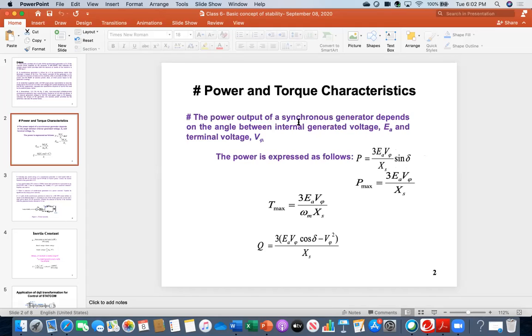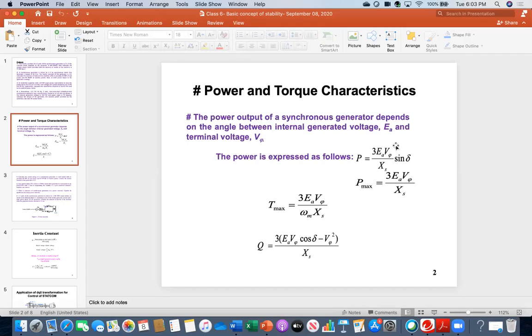But keep in mind, everybody, that EA and V phase are the phase voltage, not the line-to-line voltage. The equation is for a three-phase system, but because EA and V phase are expressed in terms of phase quantity, that's why it is multiplied by 3.